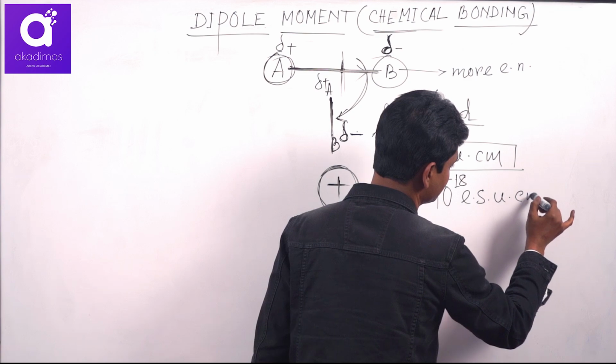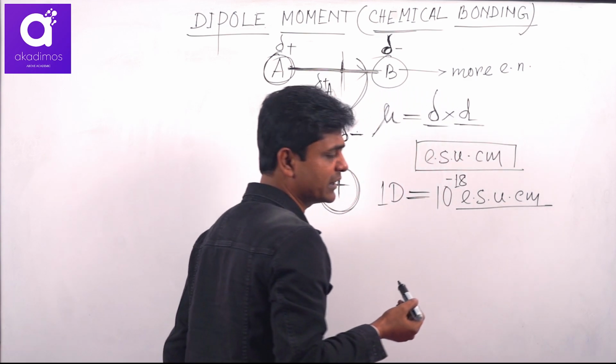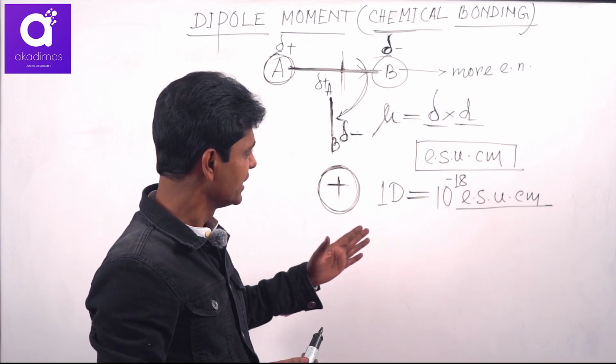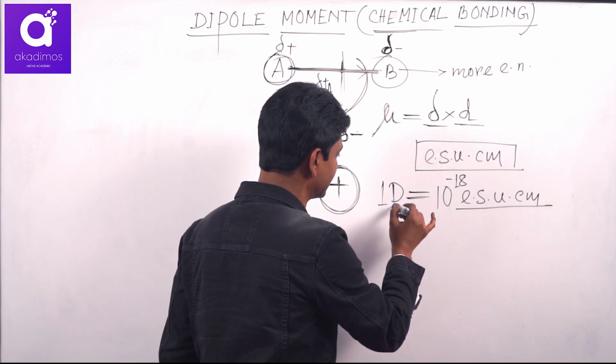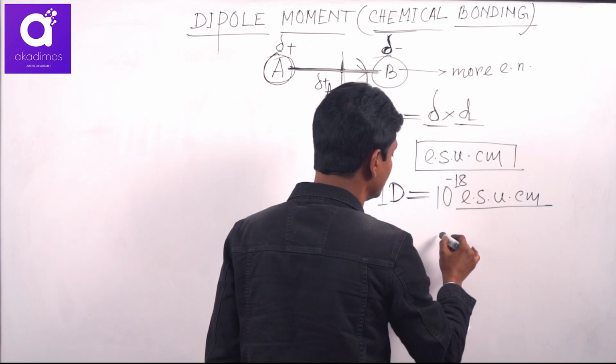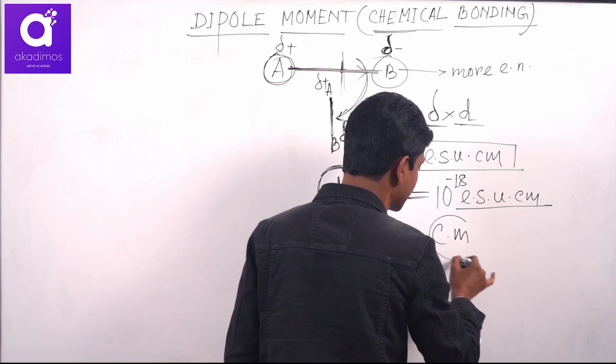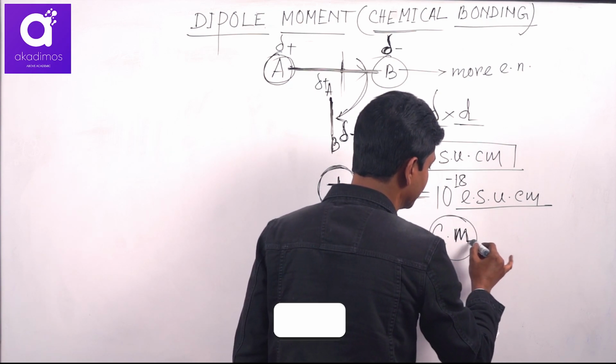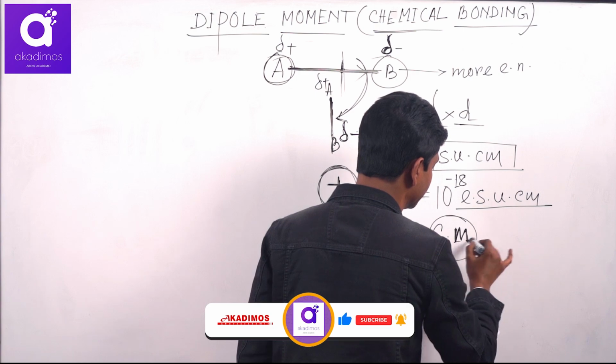That is the CGS unit of dipole moment. Another unit we generally use is the SI unit, where charge is in coulomb and length in meter. These are the units of dipole moment, and you get the quantitative measurement here.